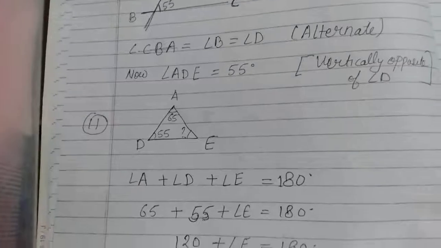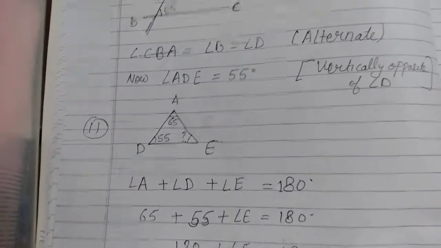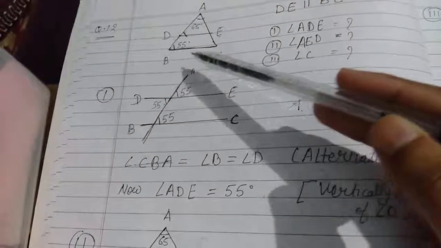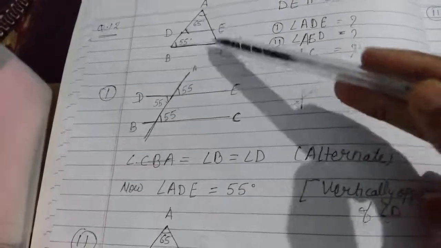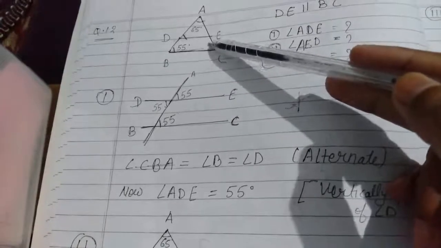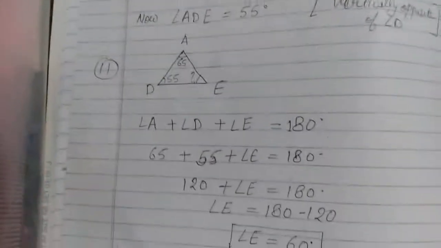Now for the second, I am taking ADE separately from angle ABC. From ABC I am taking just ADE. So I have drawn ADE separately here.